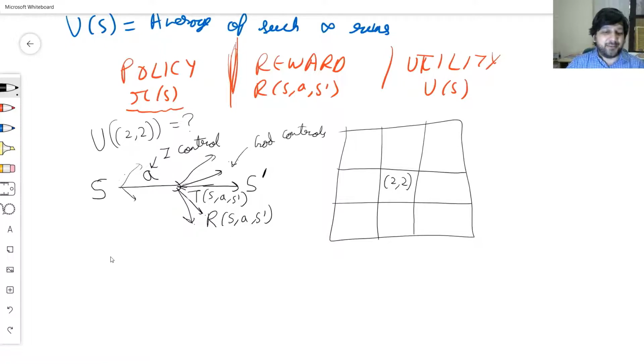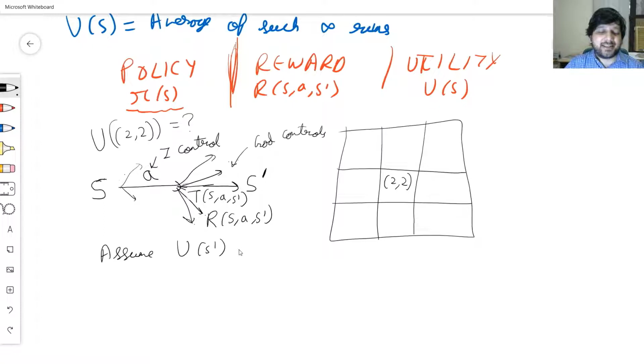So let us define the utility of a state S. Now, it's like divide and conquer. It's like a recursive call. In order to define the utility of a state S, I will assume the utility of S dash is known.